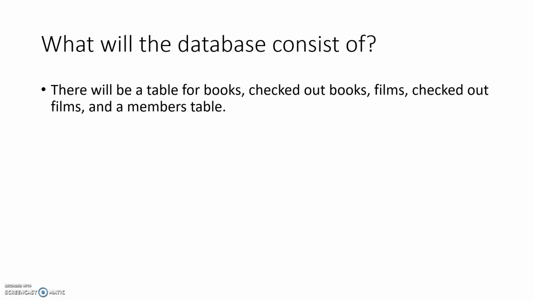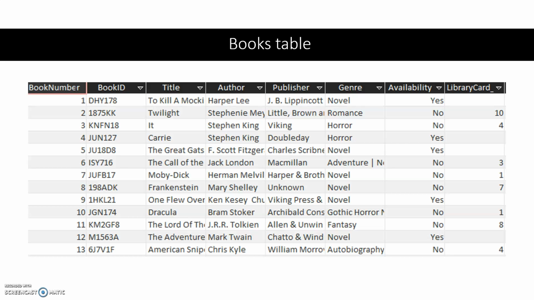So this database is going to consist of 5 tables. It's going to be the books, checked out books, films, checked out films, and a members table. For the books table, it's going to consist of a book number, book ID, title, author, publisher, genre, availability, and library card associated with availability if the availability is set to no. For the book number and book ID, the book number is the primary key for this table because it's the unique identifier.